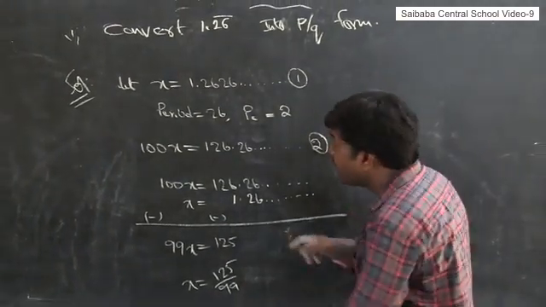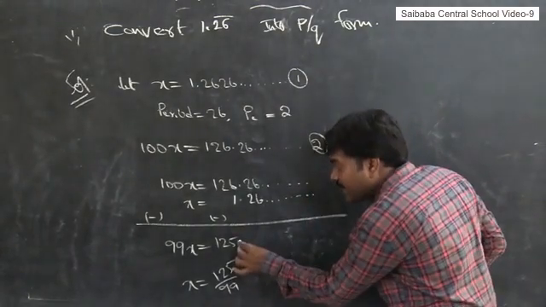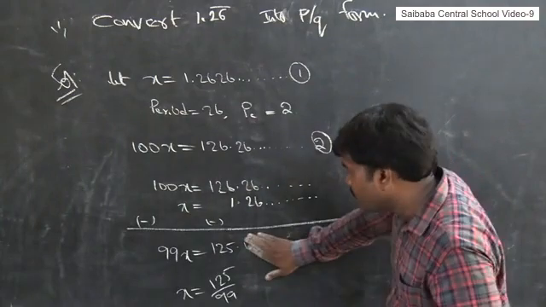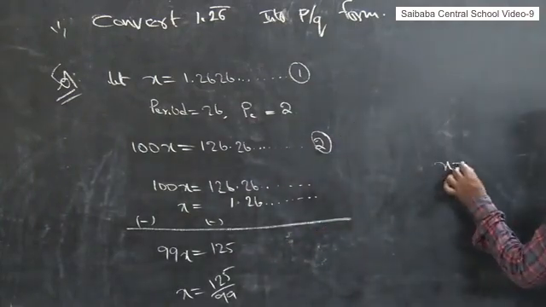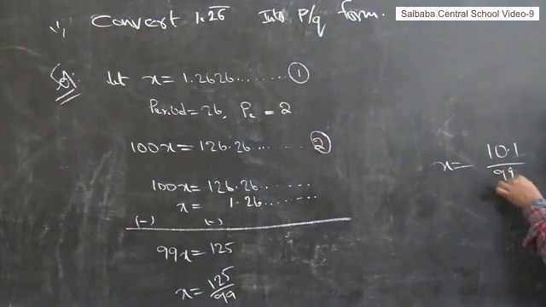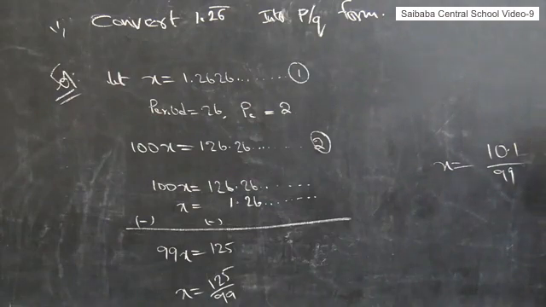In case after subtraction we get some digits after the decimal, for example x is equal to 10.1 by 99, don't leave it like this. Some students leave it like this. Here again a point is there. Please remove that point.